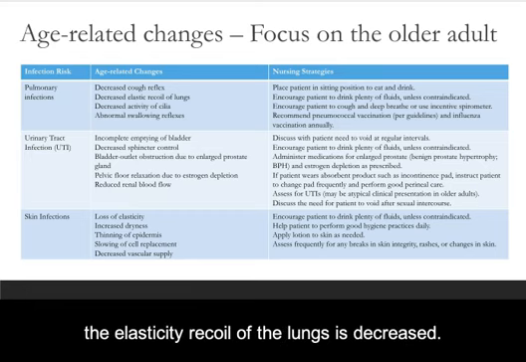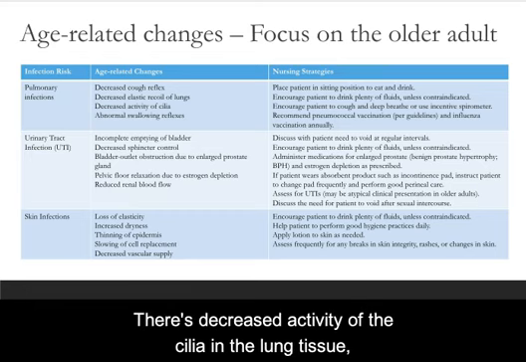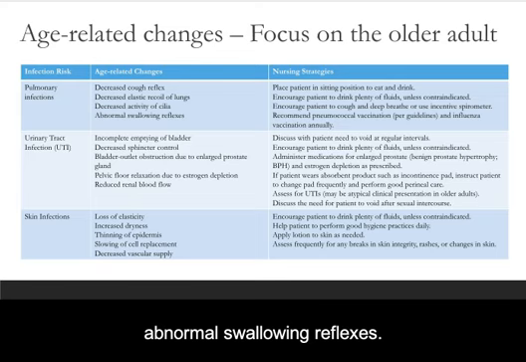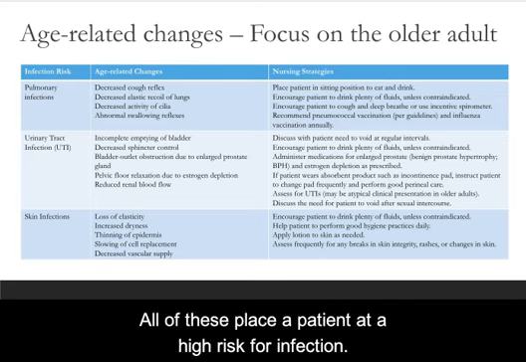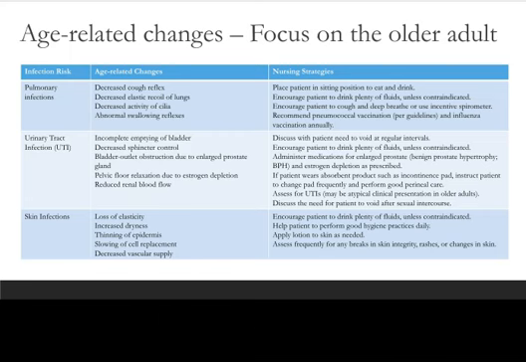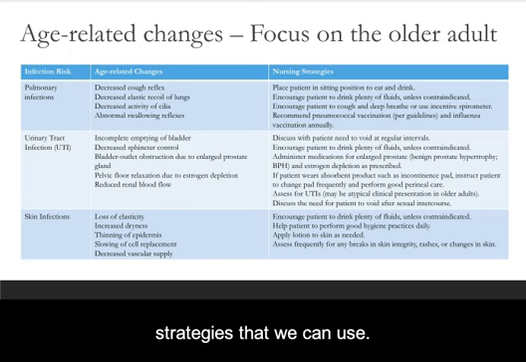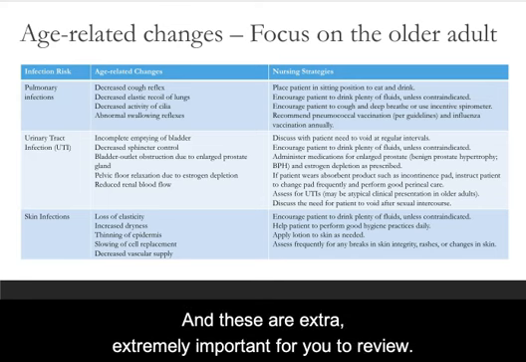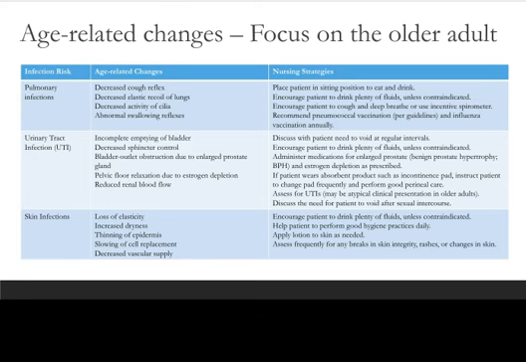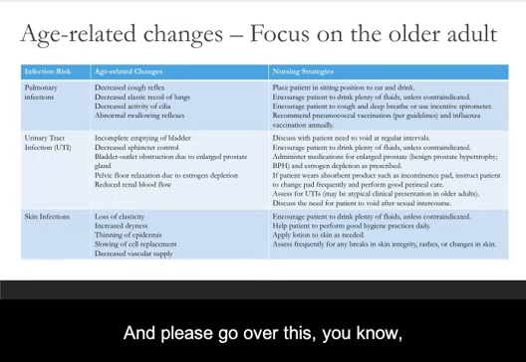The elasticity, recoil of the lungs is decreased. There's decreased activity of the cilia in the lung tissue, abnormal swallowing reflexes. All of these place a patient at a high risk of infection. In the column on the right, you'll see some nursing strategies that we can use, and these are extremely important for you to review, and please go over this.